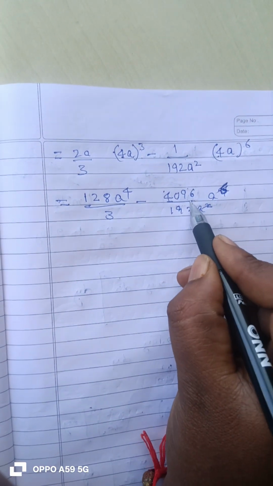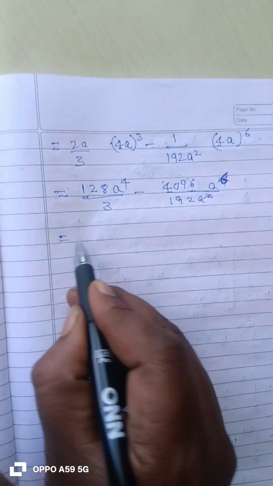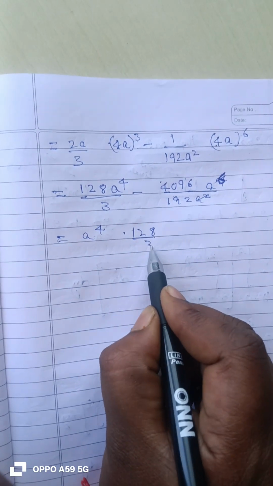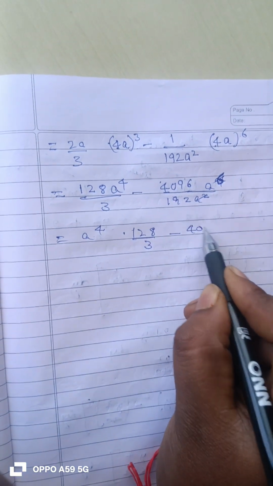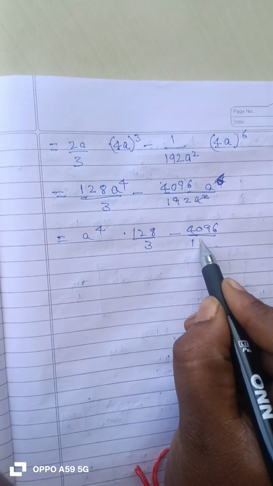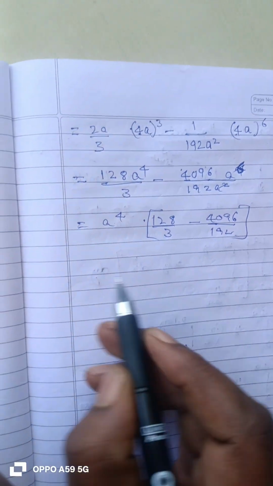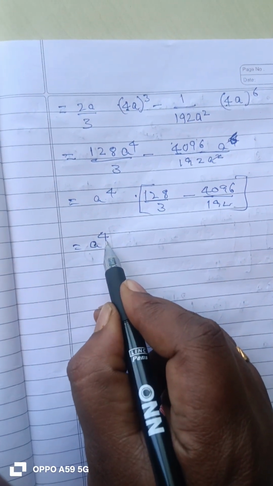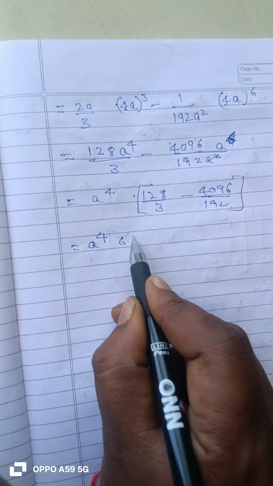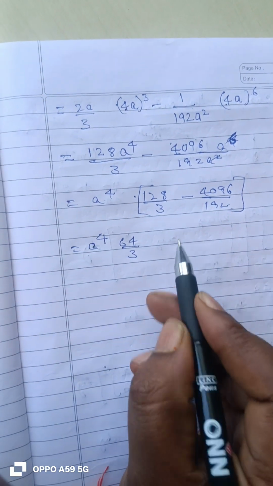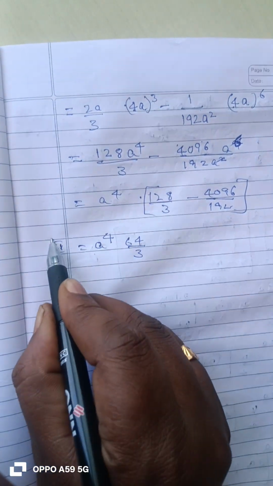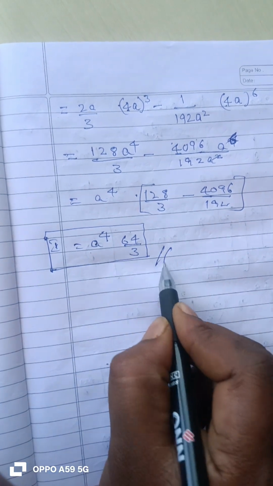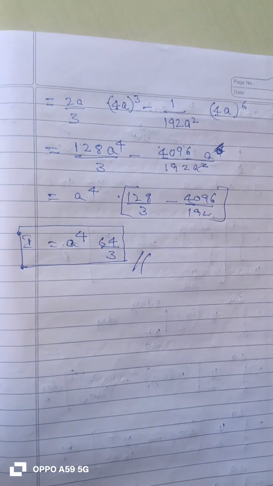So if you cancel we will get a to the power of 4. Now a to the power of 4 taking common, 128 divided by 3 minus 4096 divided by 192. So this simplification will become a to the power of 4 times 64 divided by 3, which is the required answer. So this is the way we have to do the change of order problems.